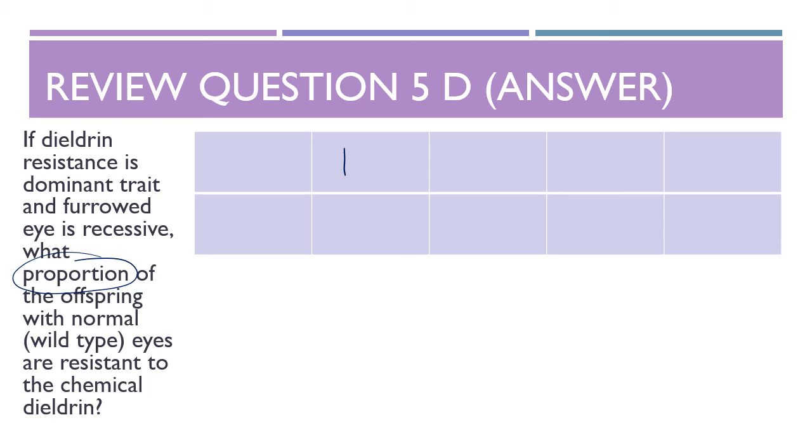So I'm going to go back through and do my Punnett square, just so you're really familiar with that independent assortment of alleles. So there's 4 possible gametes for the heterozygote. For the other individual, there's only 1 possible gamete. Okay, this is the allele combination. Fill in my Punnett square.